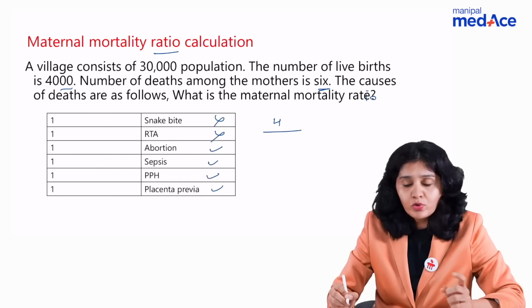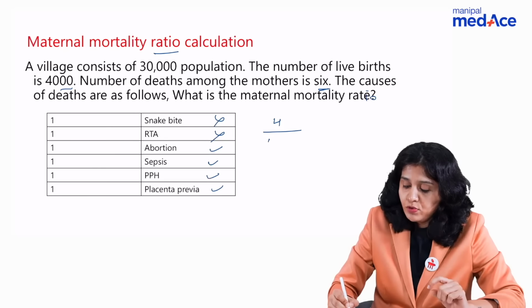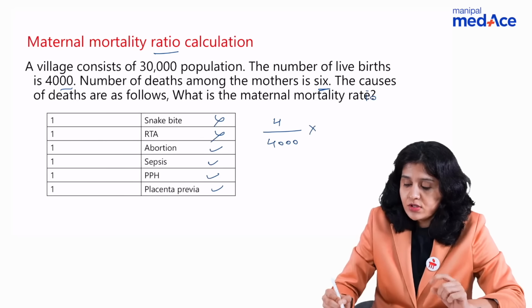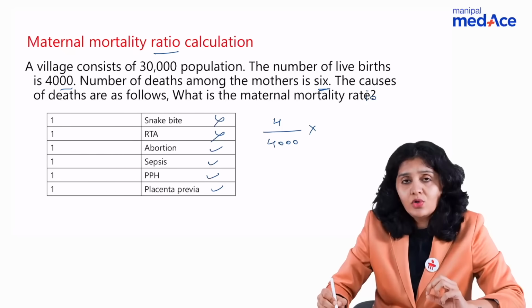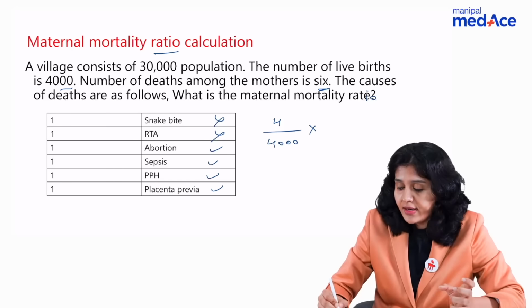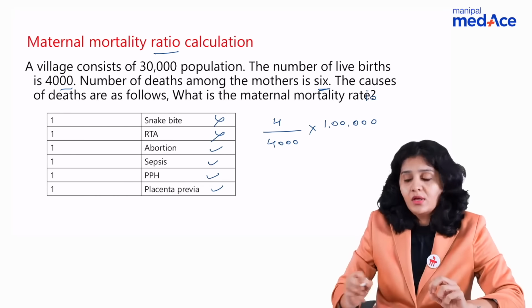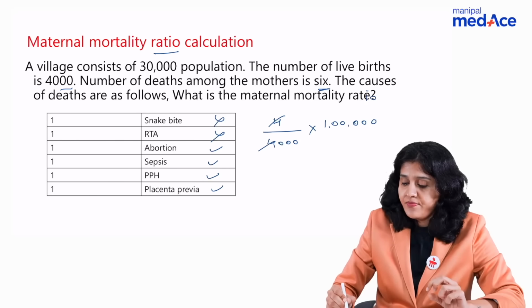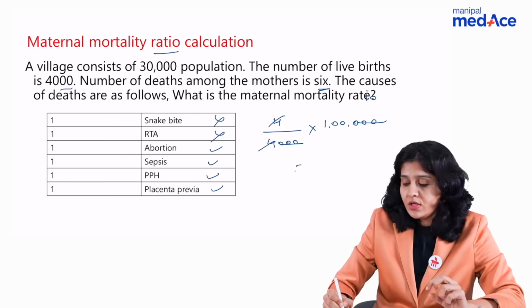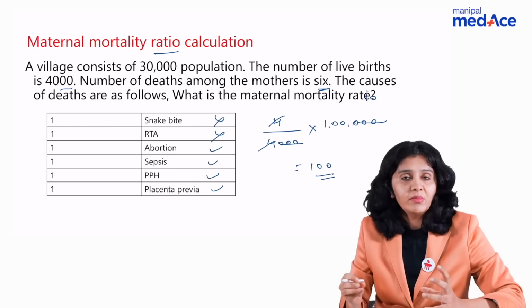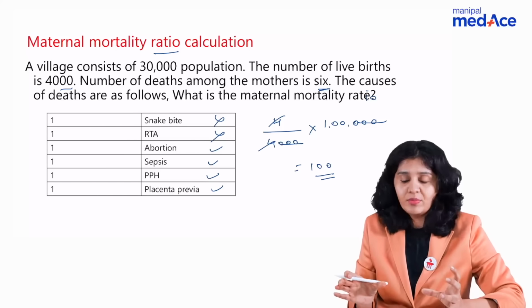In the numerator you put 4 and in the denominator you put 4,000, right? Because the live births is 4,000 and you express it in terms of lakh, right? Yeah. So what is the answer? 100. Okay. Numbers may be different here because this is given by one of the students.